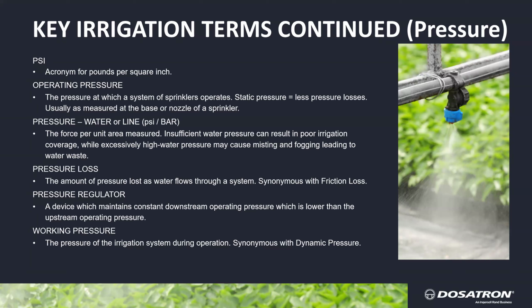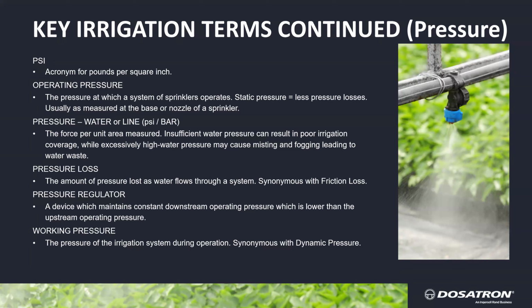We can consider static pressure here, which equals less pressure loss. The more even we can keep it, the better results that we see. When we talk about line or water pressure, you might hear it referred to as PSI or bar, and that is the force per unit area measured.